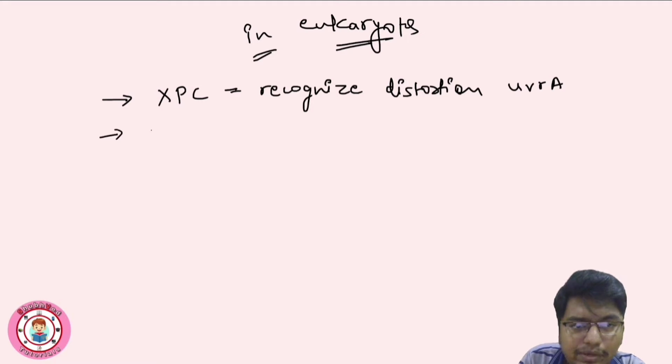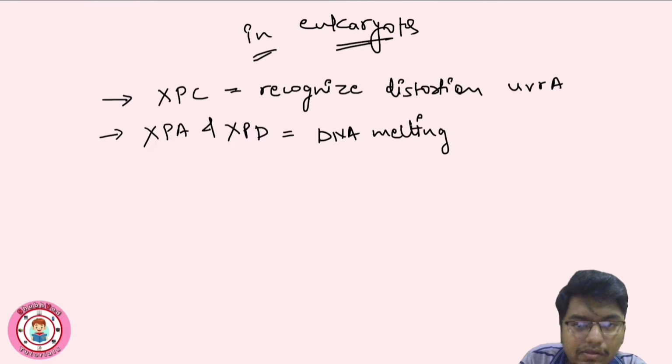Then the next proteins, XPA and XPD, do the DNA melting, the second step. These are similar to UVRB.